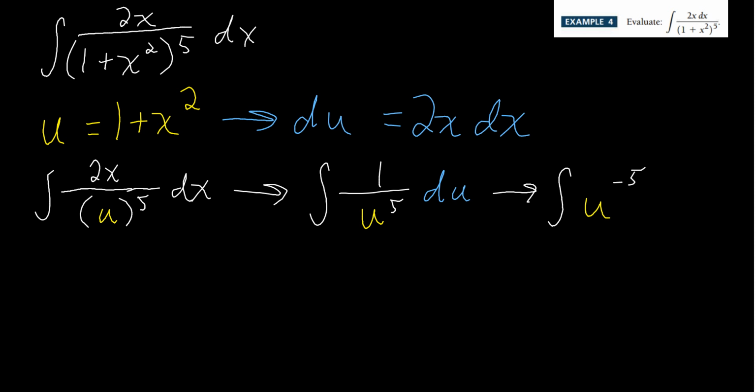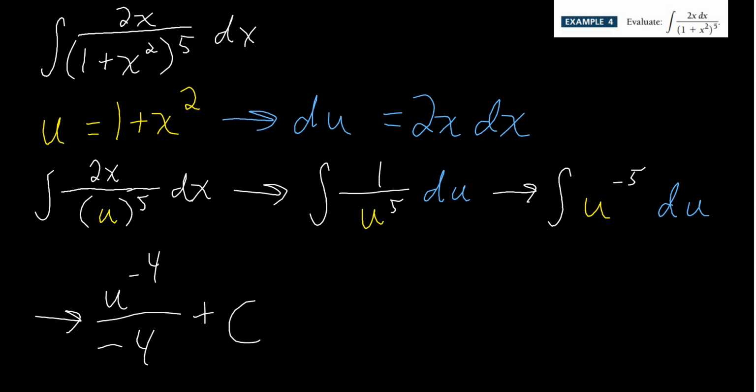We're just getting rid of the fraction, du. That makes it easier to go up 1. So if I'm starting at negative 5 and I go up 1, my problem becomes u to the negative 4, then we divide by that, over negative 4 plus c.